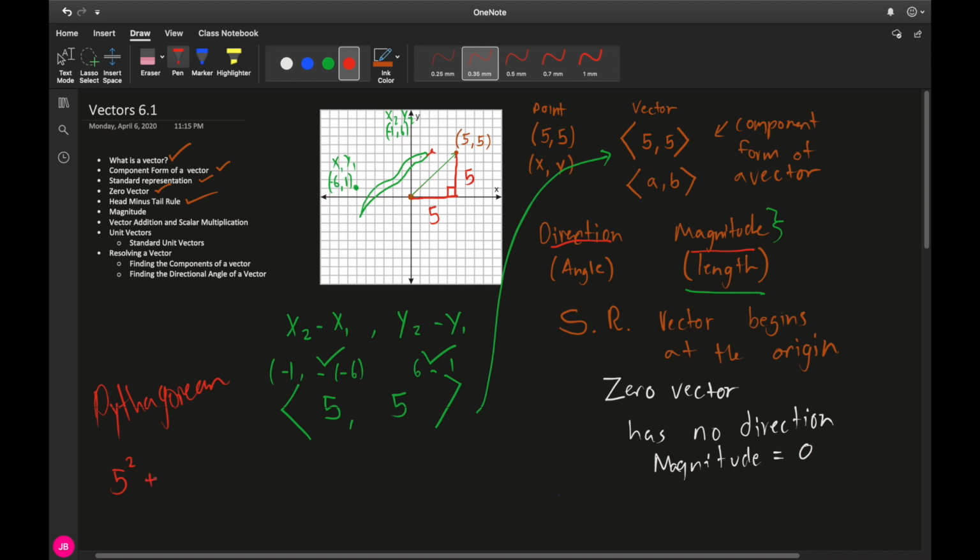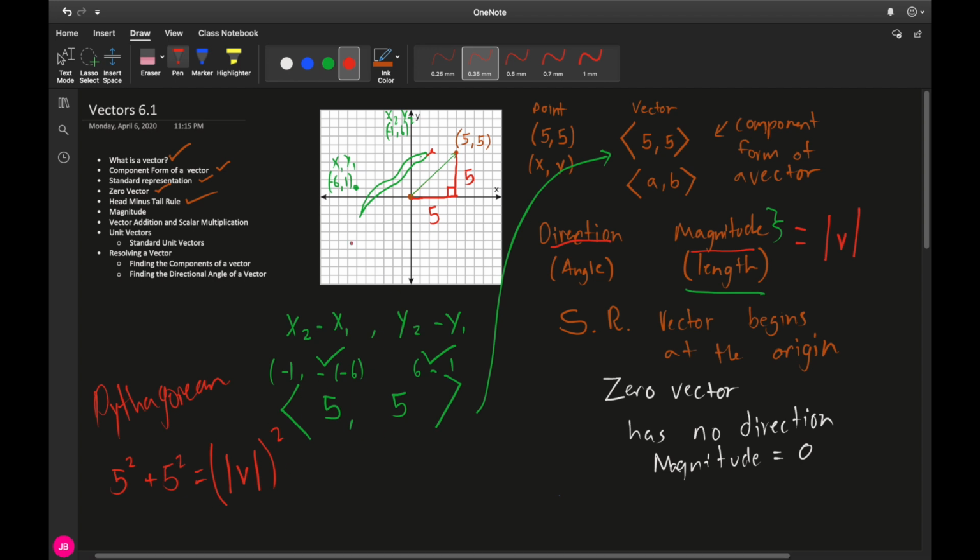So 5 squared plus 5 squared is going to be equal to, and actually, the proper notation for magnitude is the absolute value of your vector. Now, you don't say absolute value of your vector, but instead you call that the magnitude of vector v. So right here, this means magnitude.